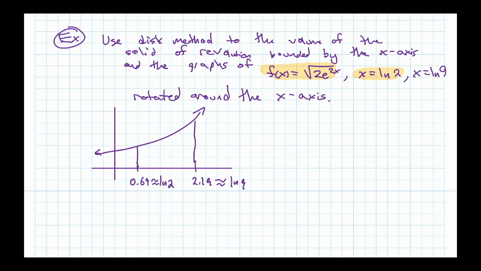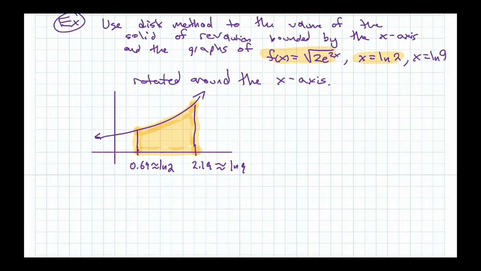So you're looking at a little section of the graph like that. And then they say it's also bounded by the x-axis, which of course is the bottom. So you've got your curve, x equals ln 2, x equals ln 9, and then the x-axis, right? That's the boundary of your region, so the region they're talking about is in between.